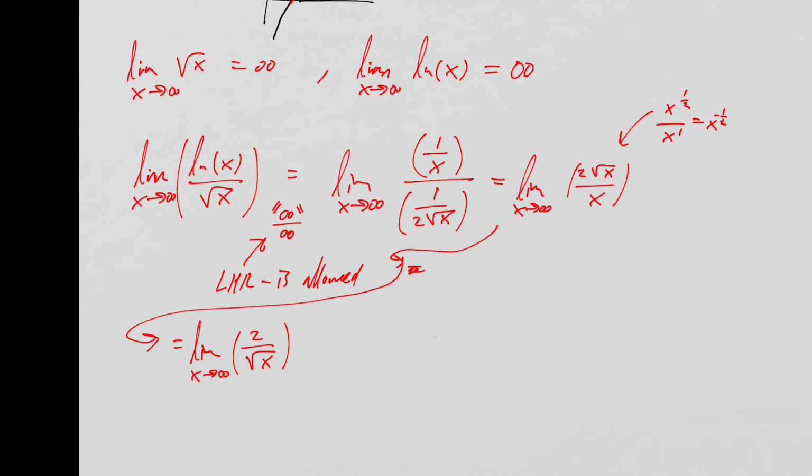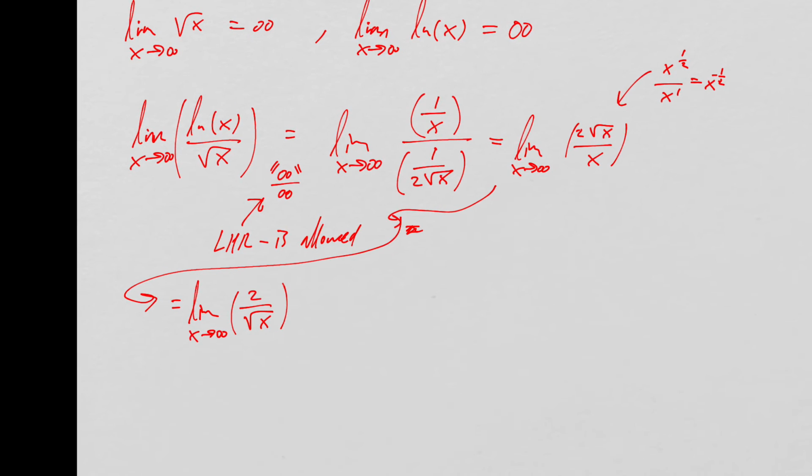Okay. Right, so in this particular case, now we have a 2 over infinity case. So L'Hopital's rule is not needed again. Okay, so what we can say then is that the limit is going to be 0.